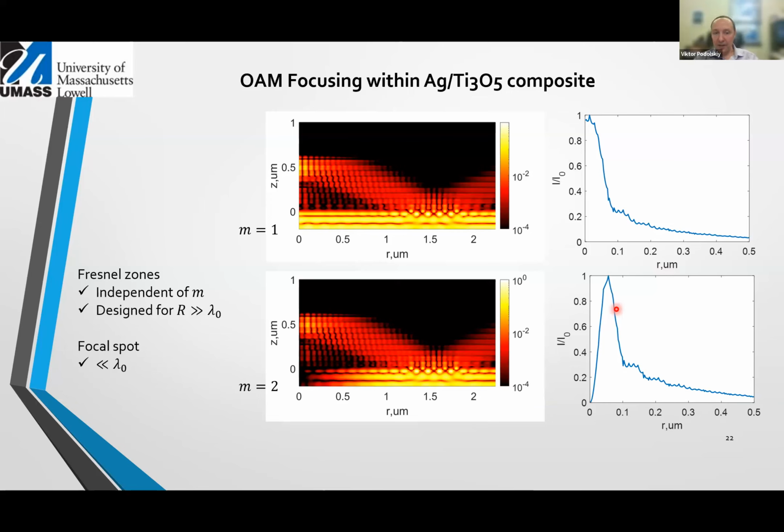Higher angular momentum have preserved their donut shapes, and the small angular momentum, m=1, actually bundles together and has very interesting phase structure at the tip of this device. So now we know how it's supposed to operate.